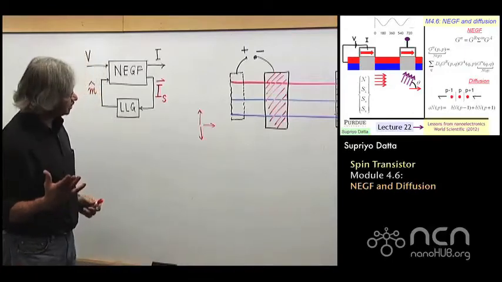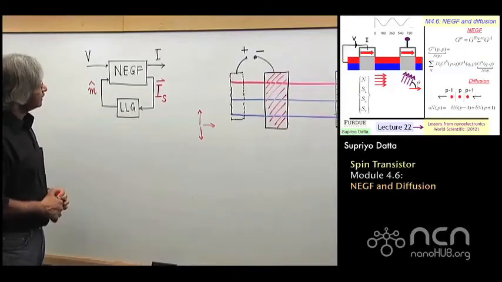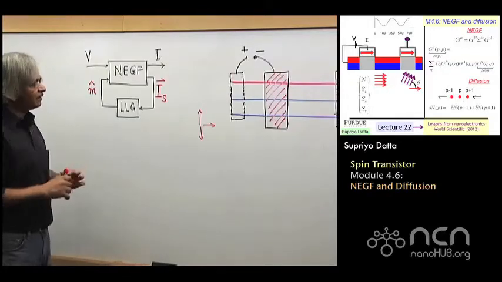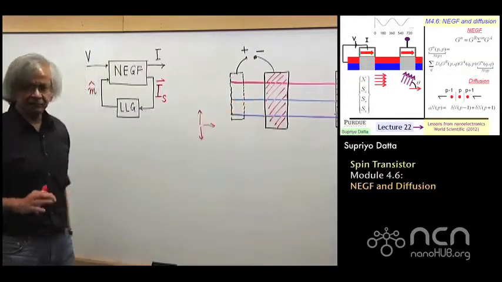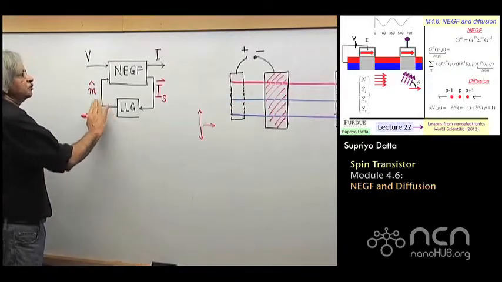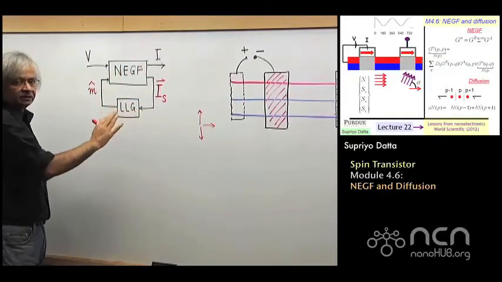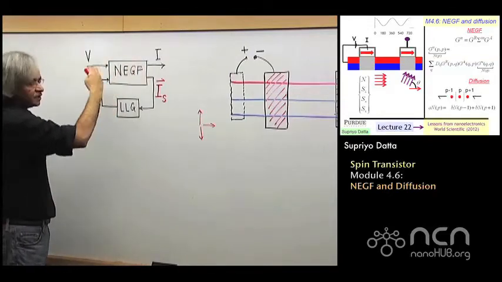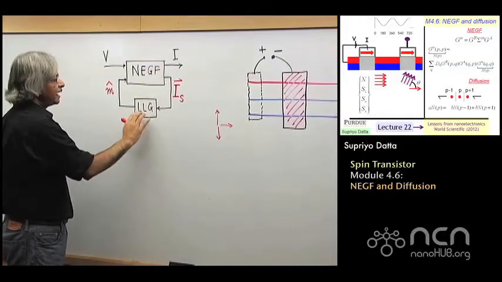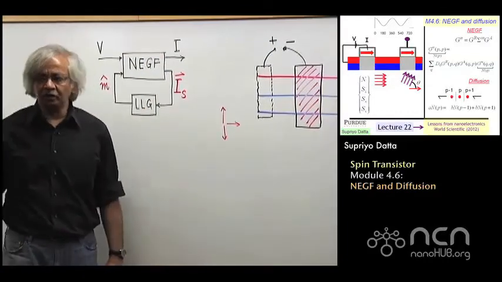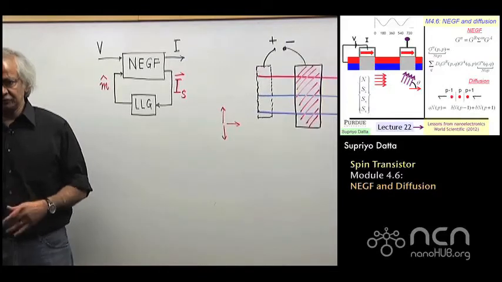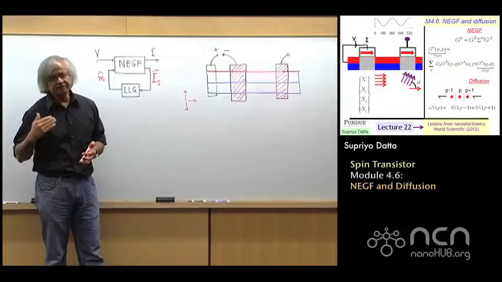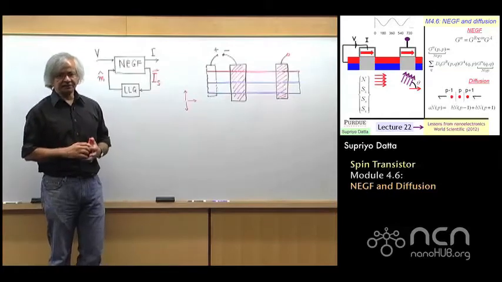Now, one thing I should mention in this context is that in order to describe this full spin and magnet system overall, one should actually use a coupled model where you have a transport model that tells you how spins are transported and an LLG, something we didn't talk about at all in this part of the course, this Landau-Lifshitz-Gilbert equation, which describes the dynamics of the magnets.